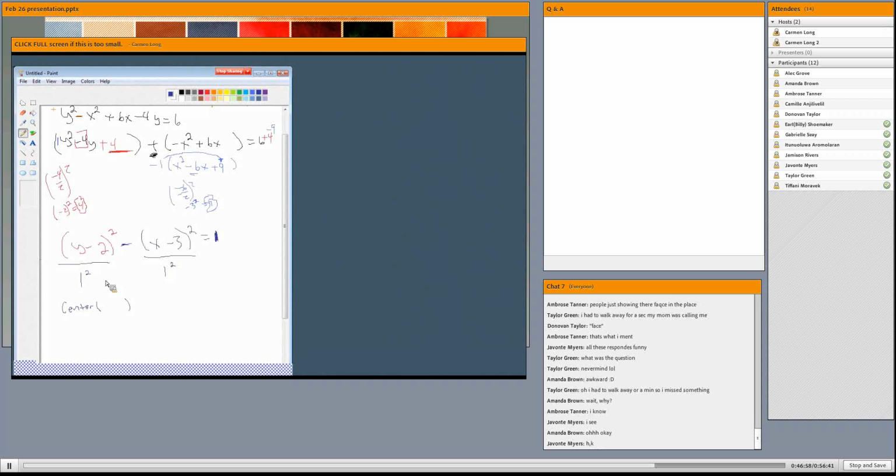Numerator to denominator. Be careful. H goes with X. Be careful. It's important to kind of think. Remember, X minus H and Y minus K. H, K is your center.